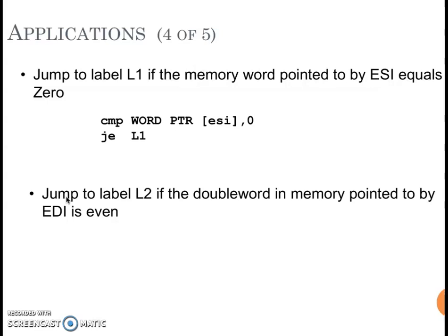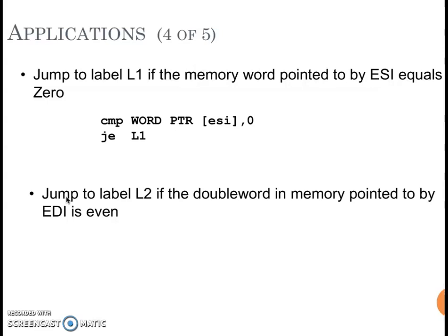So I need to use the AND instruction: ANDing with 0 makes a bit 0, but ANDing with 1 keeps the original value.